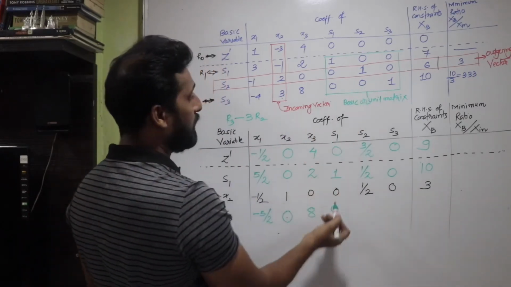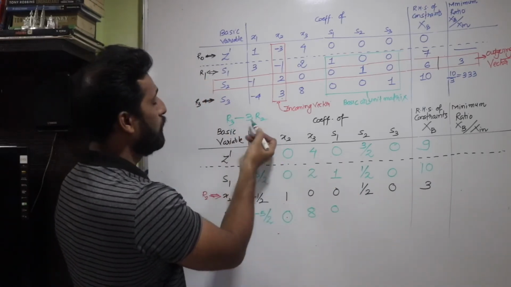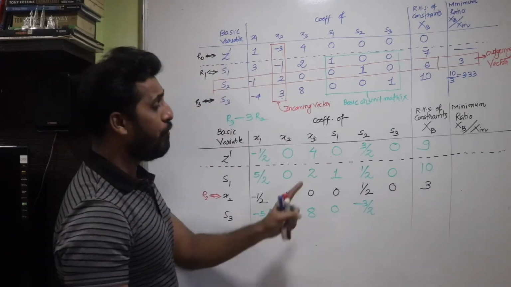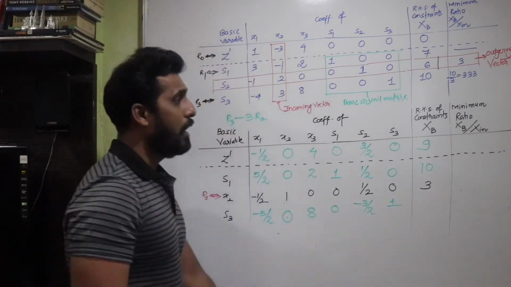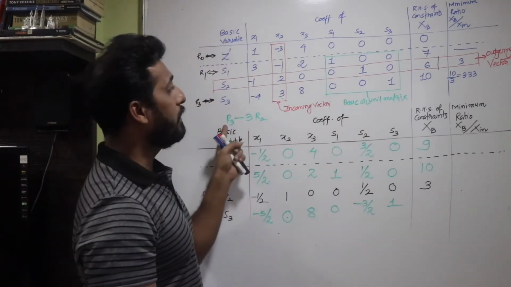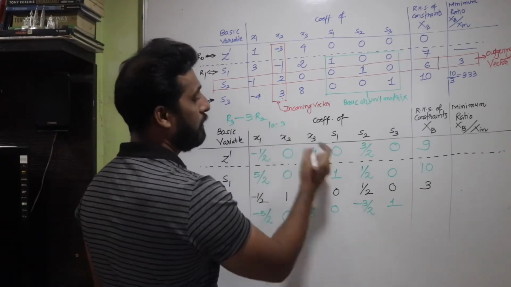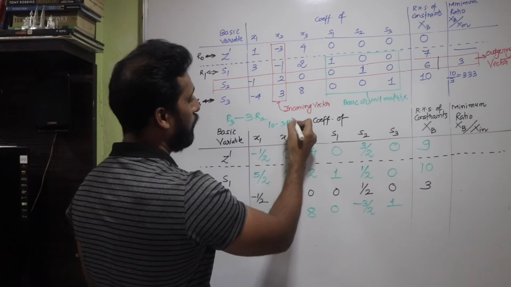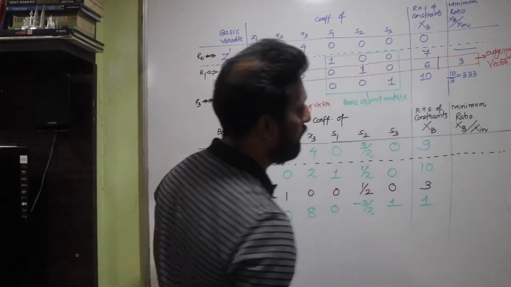I have 0 in S2, so write 0. -3 into R2, which is half, so 0 minus 3/2, I get -3/2. And finally 1 minus 3 into 0, I get 1 here. And the last value, which is R3, is 10 minus 3 into R2. R2 is 3, very sorry for that. So 10 minus 9, I'm going to get 1 here.